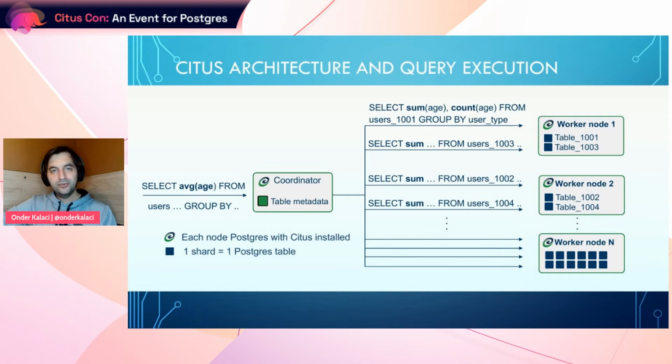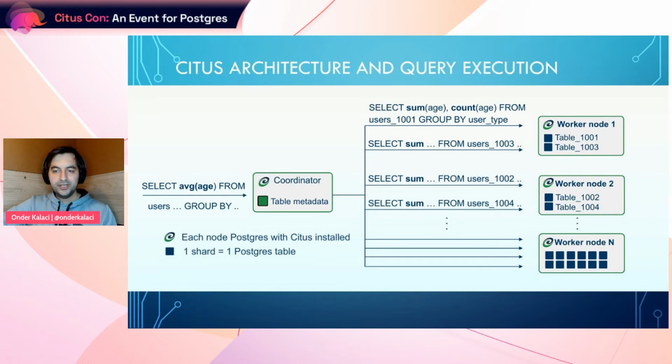Okay. Also, before double-clicking on the distributed planner and distributed executor, I just wanted to briefly remind you of the architecture of Citus. So the user comes in and types a query, right? And then the parser and the analyzer are the same as in Postgres. When it comes to the distributed planner, on the coordinator there are some metadata tables that Citus keeps to track how the data is distributed in the cluster.